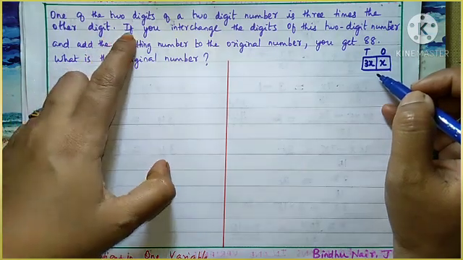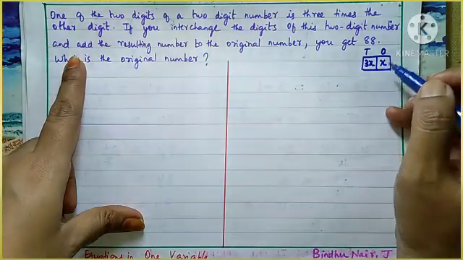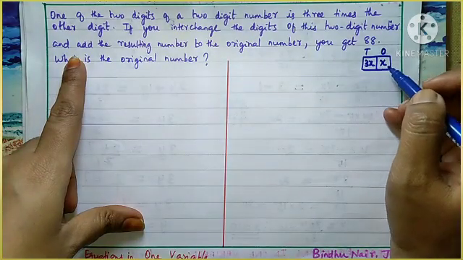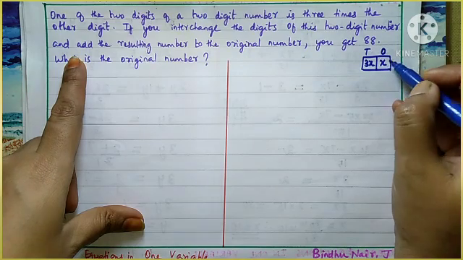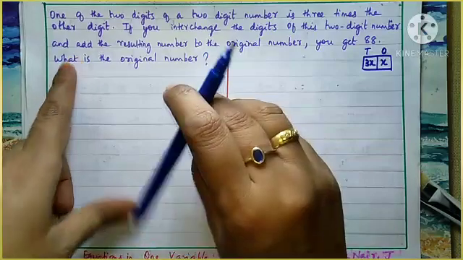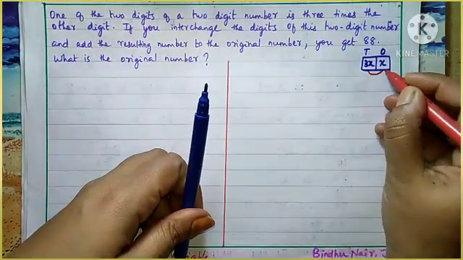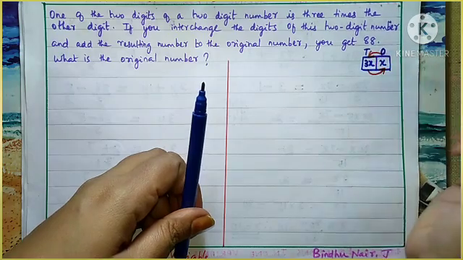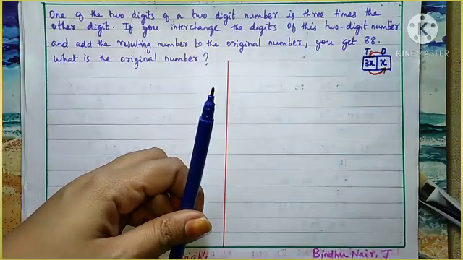Now what is given? If you interchange the digits of the 2-digit number. Interchanging means we are changing the position. So 3x will come in the x position and x will come in the 3x position. That is what is meant by interchanging.